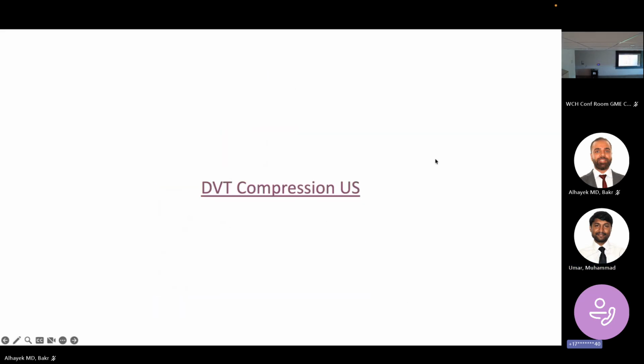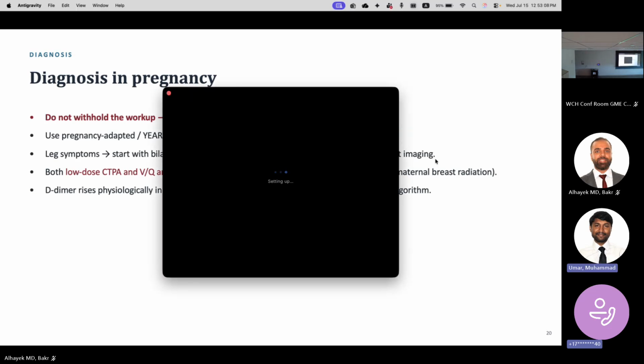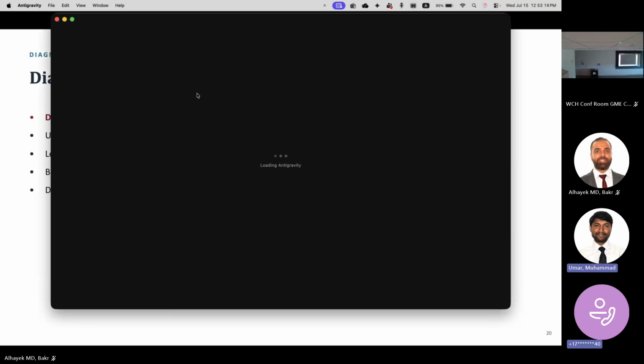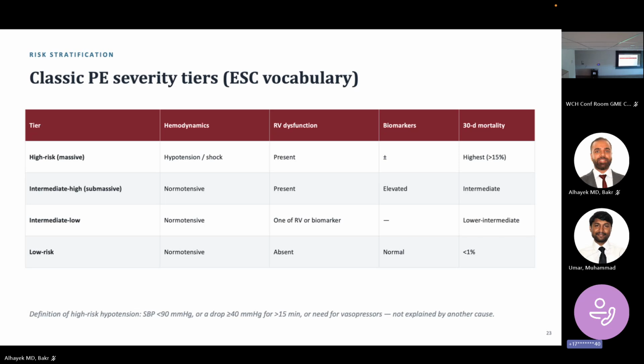All right. So for diagnosis in pregnancy, you usually go to a VQ scan right away. Okay, risk stratification. So how sick is the patient with PE? This is where the RV function comes in. So the classification, this is, I think, the European guidelines.